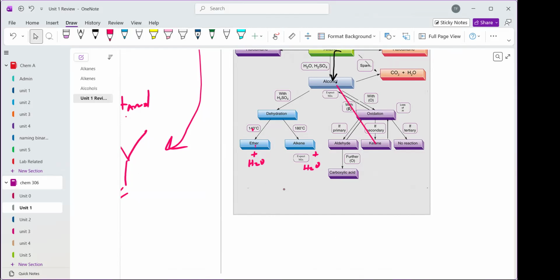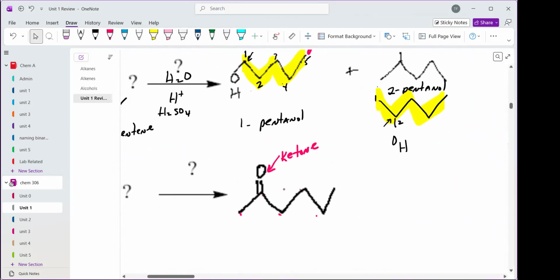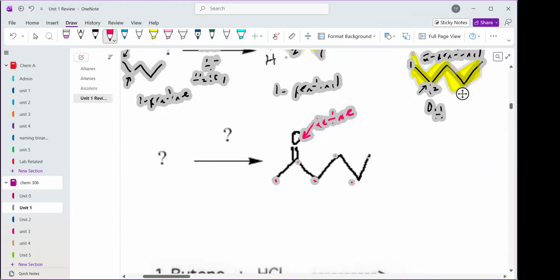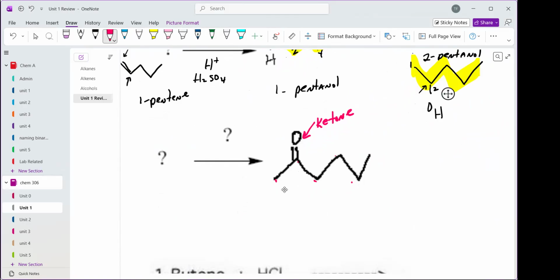Secondary. Okay, so a secondary alcohol that is 1, 2, 3, 4, 5, 6, is going to be carbon number 2. So it's going to be 2-hexanol, and we're going to oxidize it.